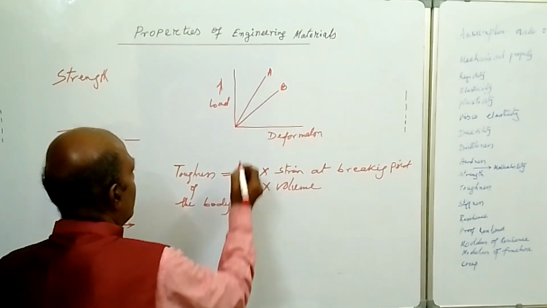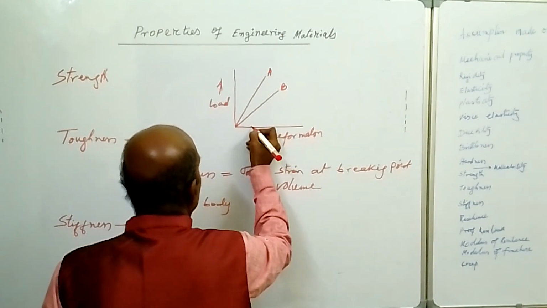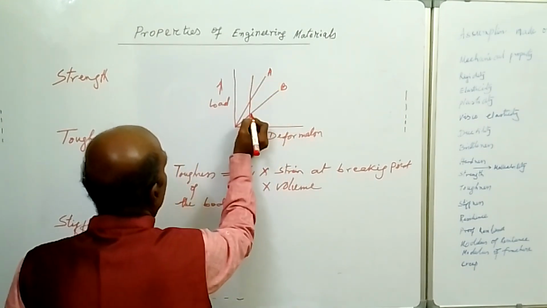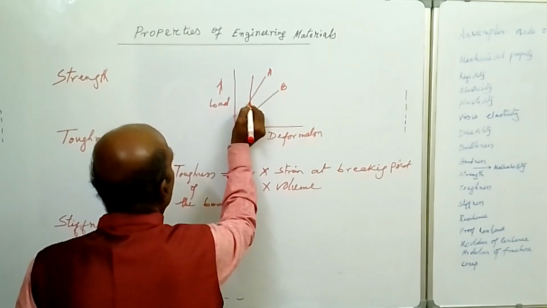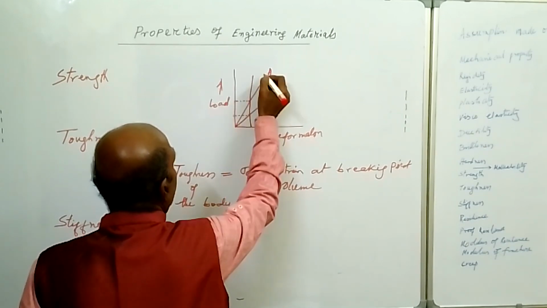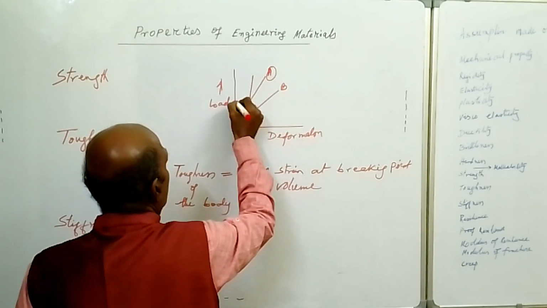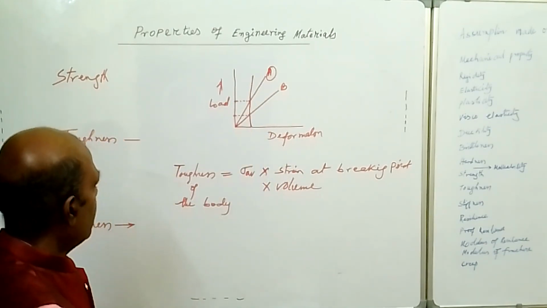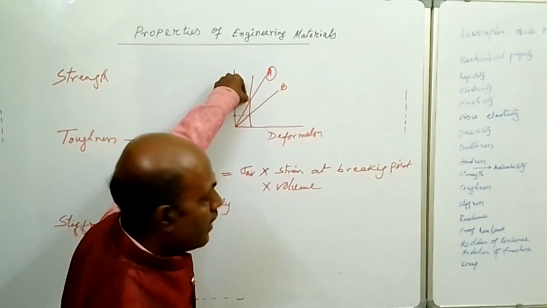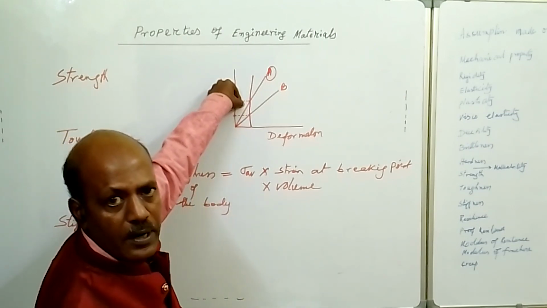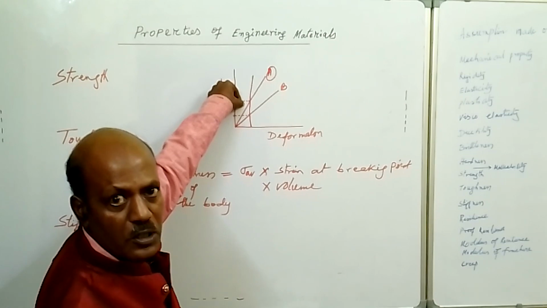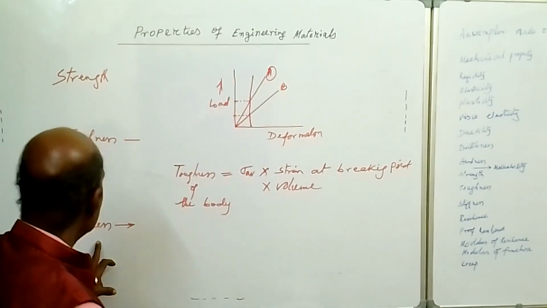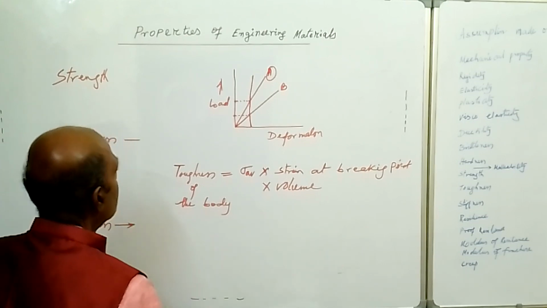Now, per unit deformation, if we draw a vertical line, we can see the load required for material A is more than for material B. So in this case we can say material A is stiffer than material B. So what is stiffness?